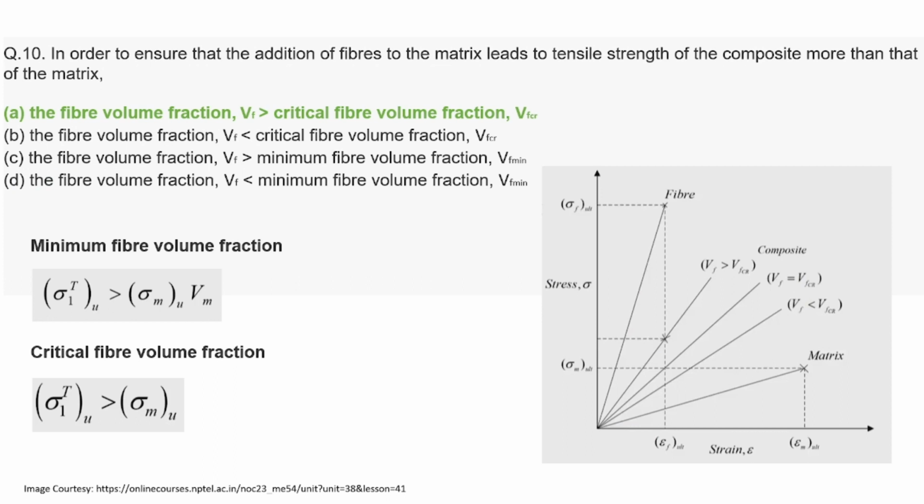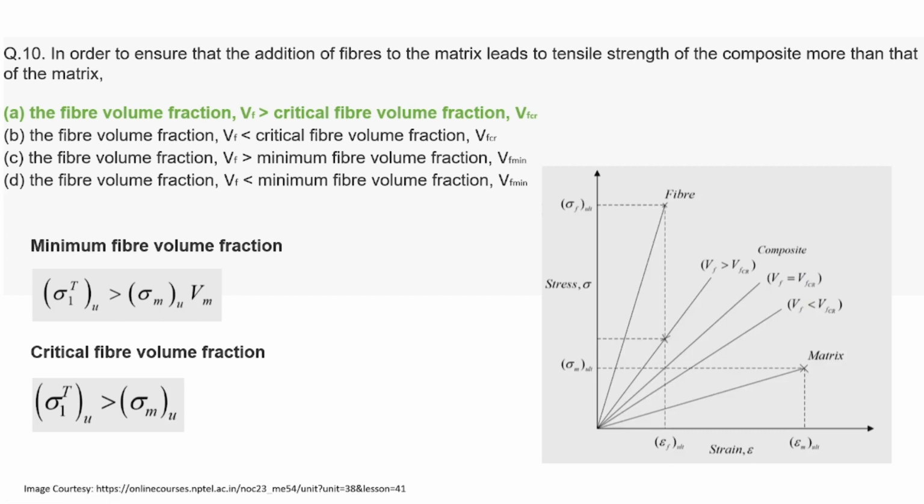So taking this condition in mind, the answer should be when the fiber volume fraction is more than the critical volume fraction. Only when the volume fraction is more than the critical, then as you add more fibers, the tensile strength of the composite will be more than only the matrix.